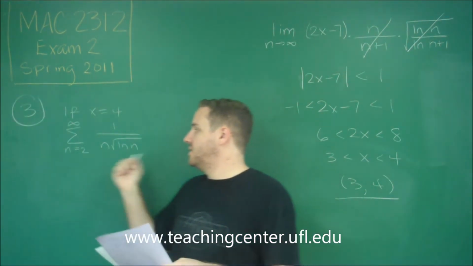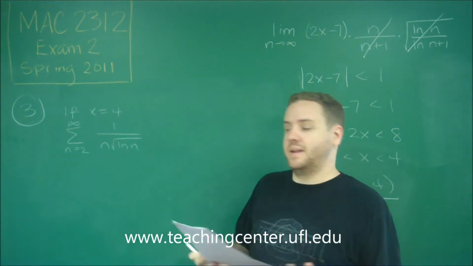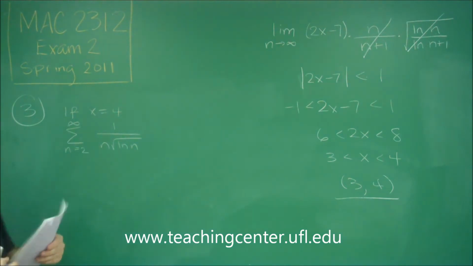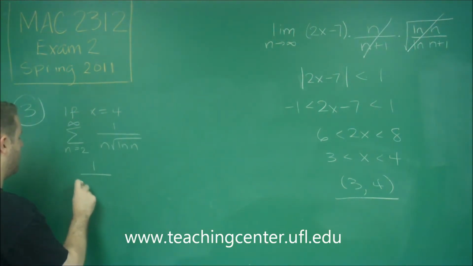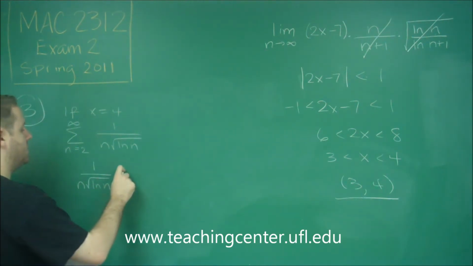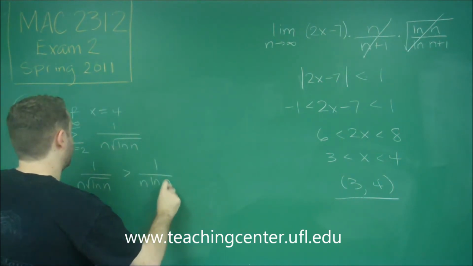So to evaluate this series where we have 1 over n square root ln n, we're going to have to use a comparison and then an integral test. So what we need to do here is compare and say that 1 over n square root of ln n is always going to be greater than 1 over n ln n.